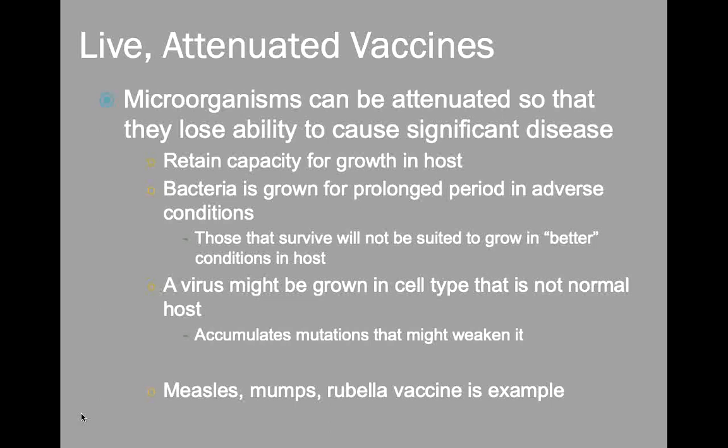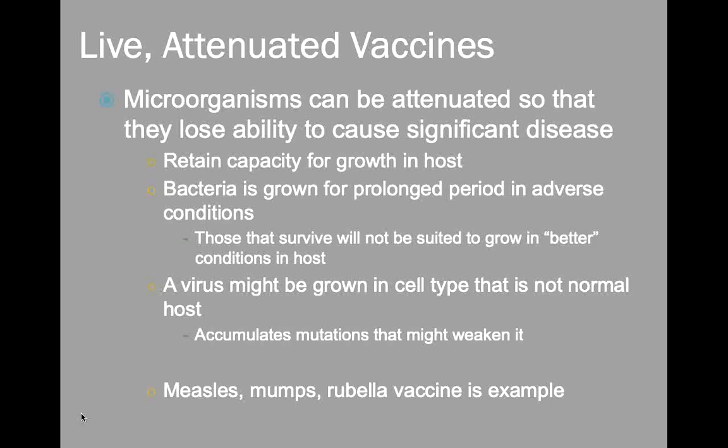And most commonly, attenuation is achieved by growing the organism in prolonged adverse conditions, particularly bacteria, like in the development of BCG, Bacillus Calmette-Guérin, which is a vaccine for tuberculosis.